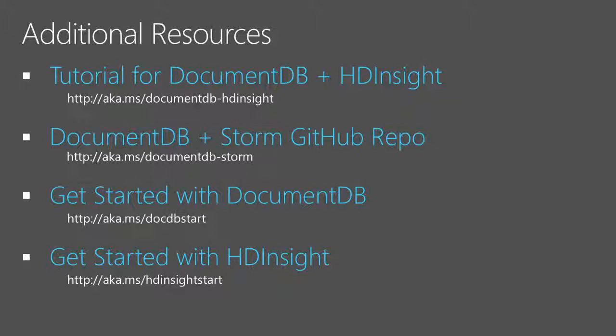The second is a sample project, DocumentDB plus Storm. This is a good way of getting familiar with how DocumentDB interacts with Storm. If you're unfamiliar with DocumentDB, you can hit our Getting Started page, and likewise for HDInsight.